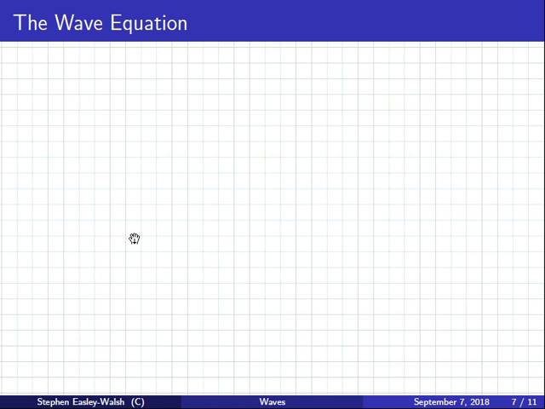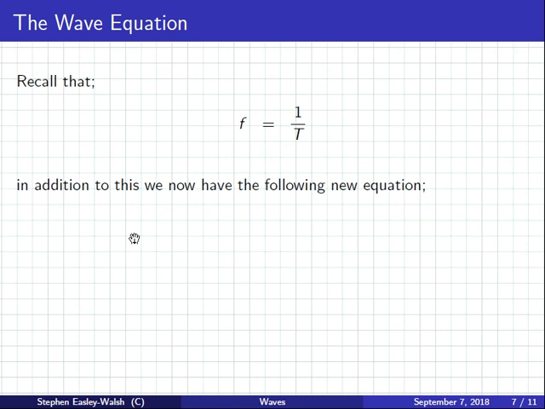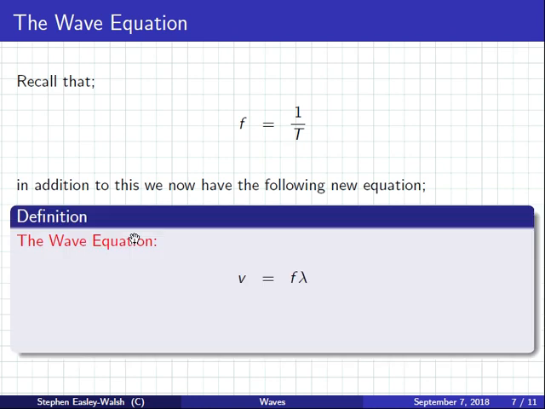Right. Now, our first equation, only one equation for this lesson, the wave equation. Before I give you the wave equation, let me just remind you of some equations you already know. F equals 1 over t. You know this one. But we also have this new equation called the wave equation.